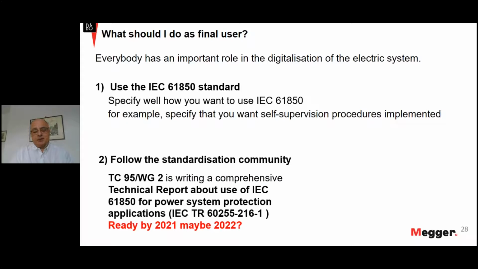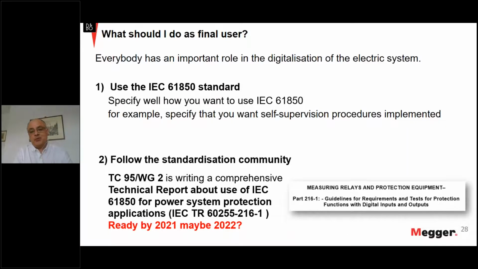For example, my technical committee, Technical Committee 95, Working Group 2, is now writing, since I think we started 3 years ago, a technical report about the use of IEC 61850 for power system protection applications. So really testing, really power system protection. Its name is 62255-216, will be ready by 2021, and I guess probably will be 2022.